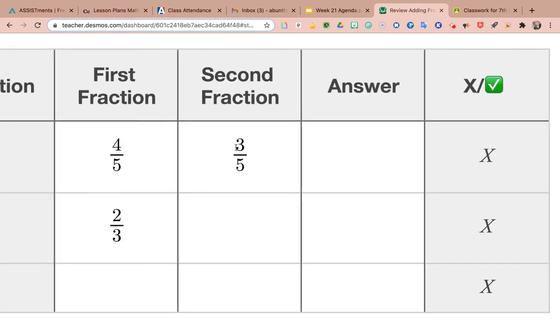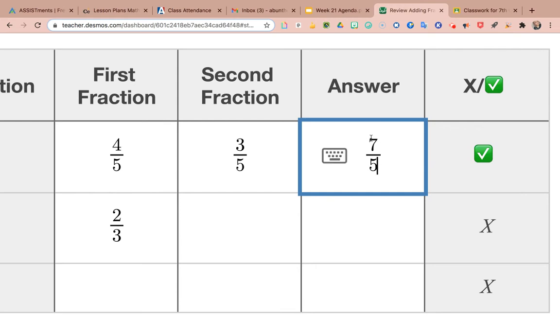So 4 plus 3 is 7. I would use the slash key, and then I don't add the denominator. So this is not 10. I do not add the denominator. I only keep it the same. So 4/5 plus 3/5 is 7/5.